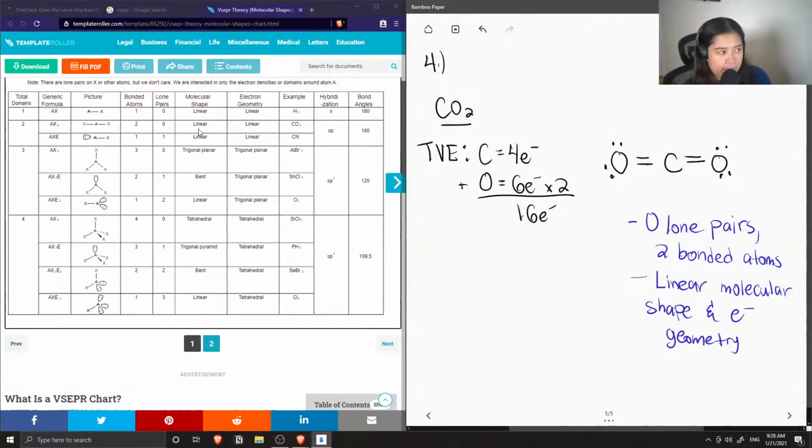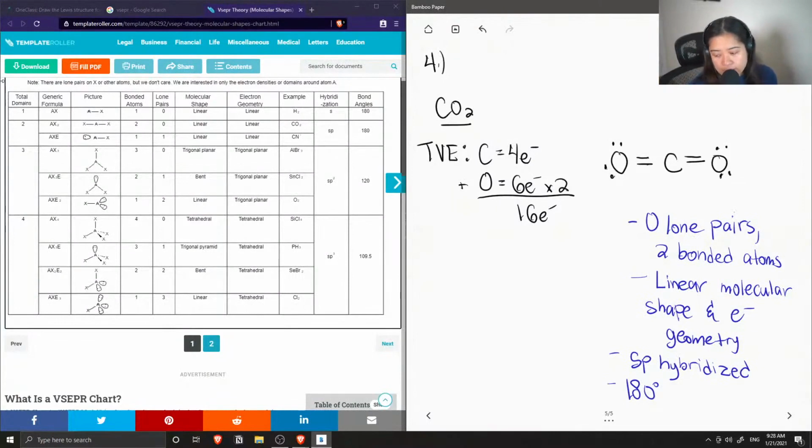And what the VSEPR chart also tells us is that the carbon is sp hybridized, and that the bond angle is 180 degrees.